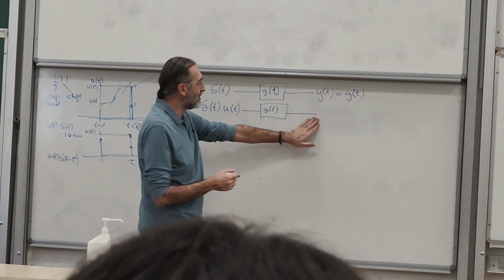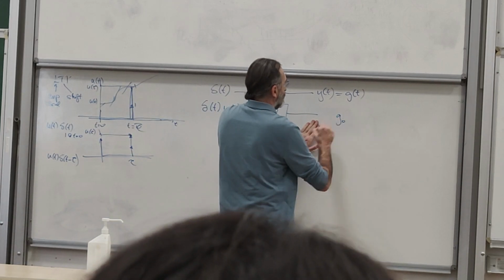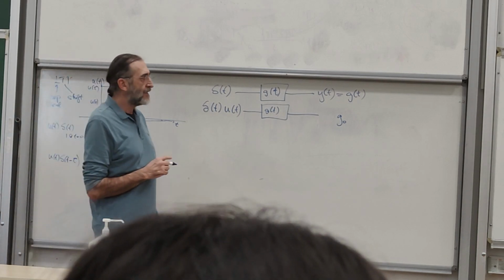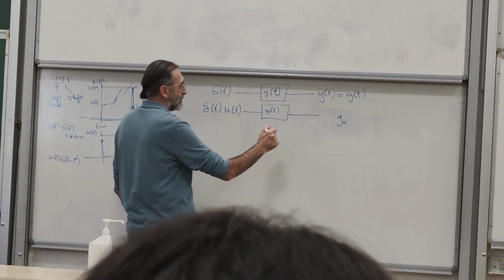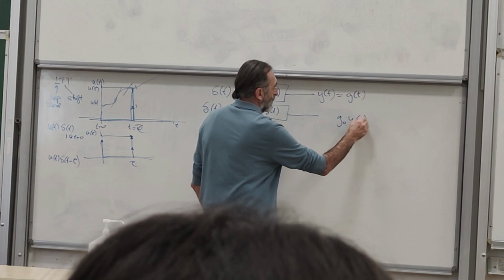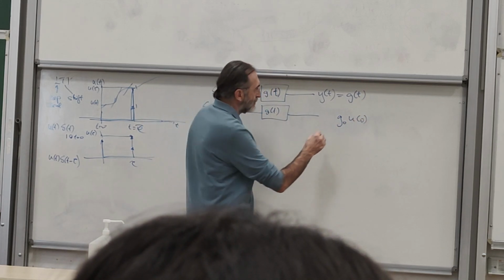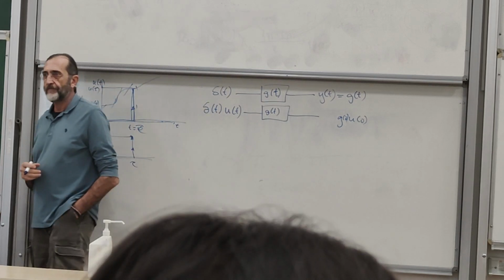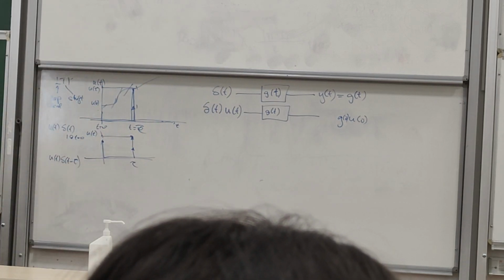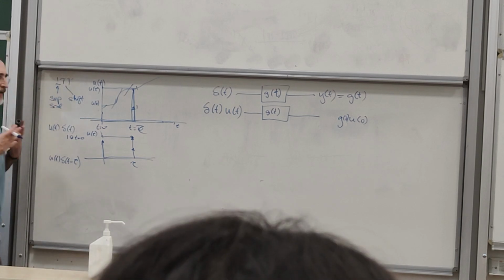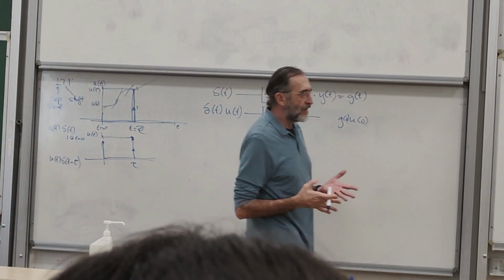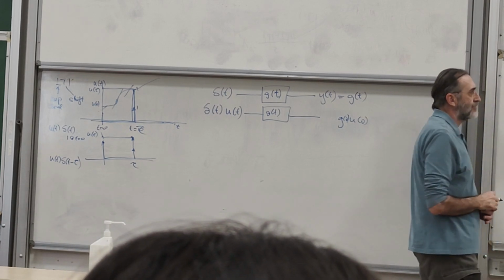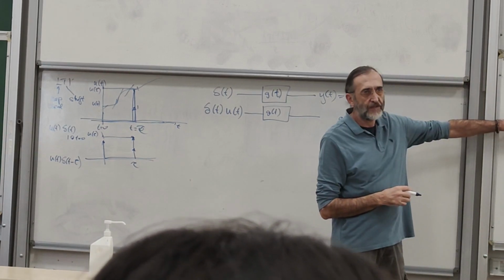So what I'm going to have here is g of 0 times u of 0. Make sense? Because the only point where I observe my system, this is the system now, not a signal.